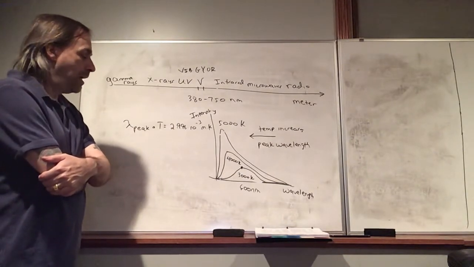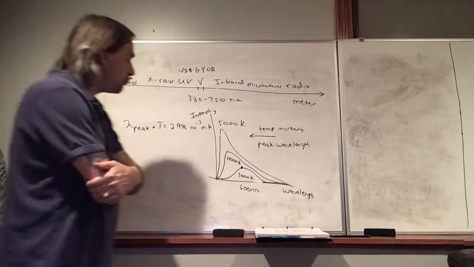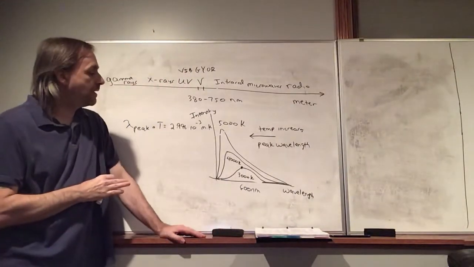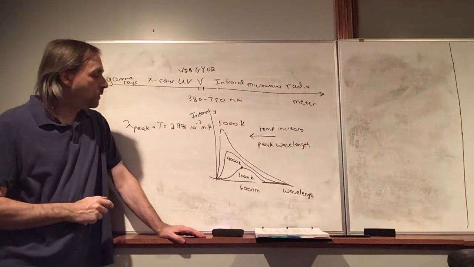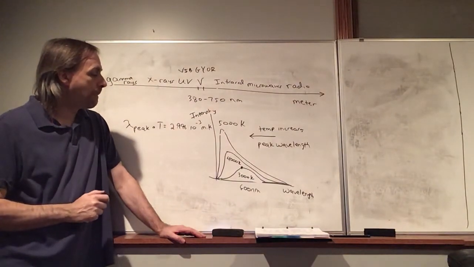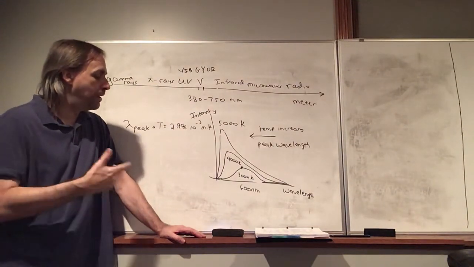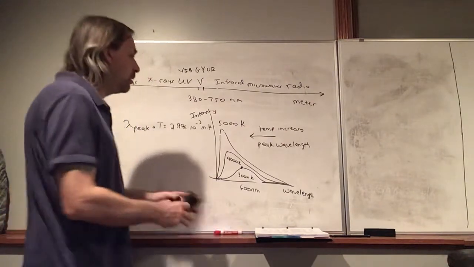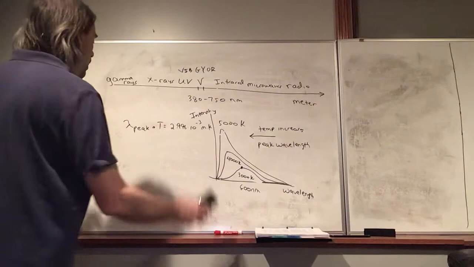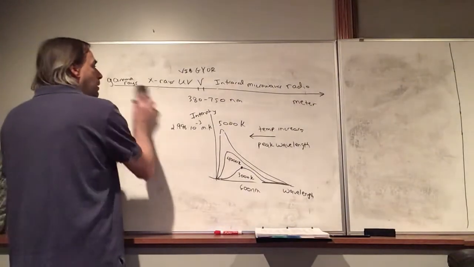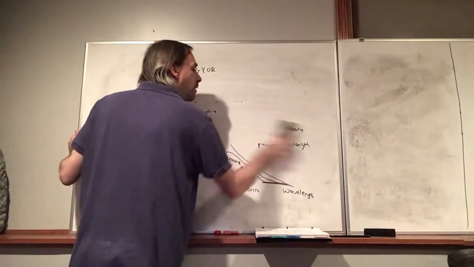All right. So this is that spectrum for a perfect black body. Now, we want to know how much energy overall is going to be radiated by this object. So I'm going to erase everything here.